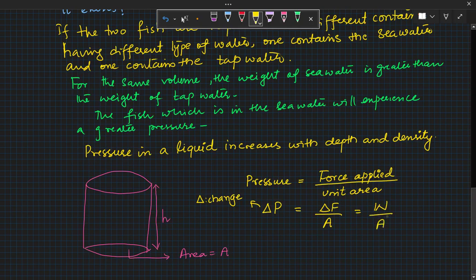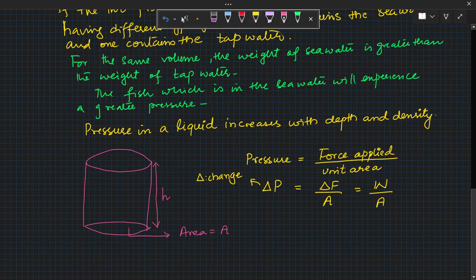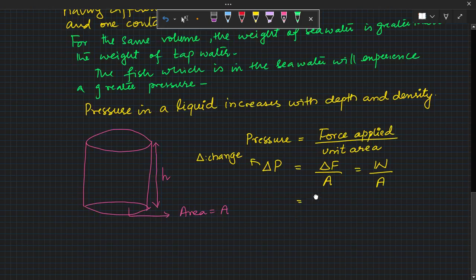Weight is actually a force, right? So I can also replace W with mg. What is mg? Mass times the strength of gravity.